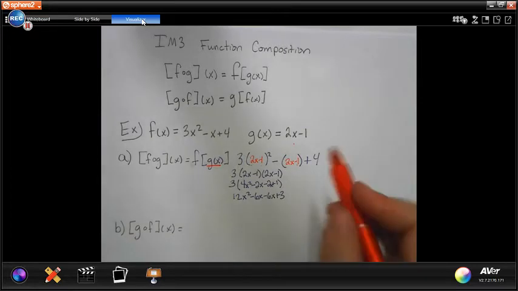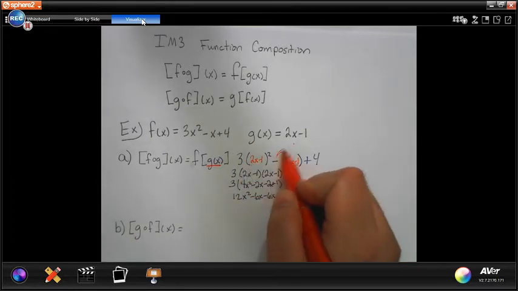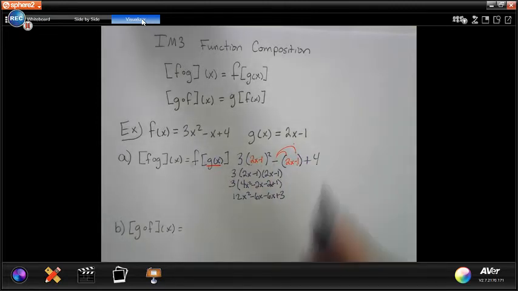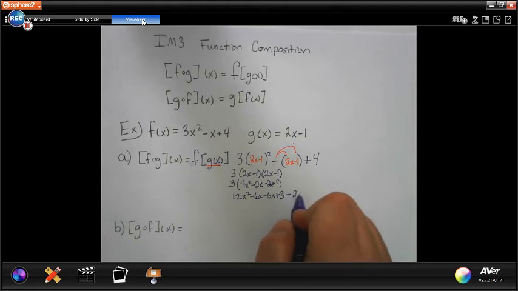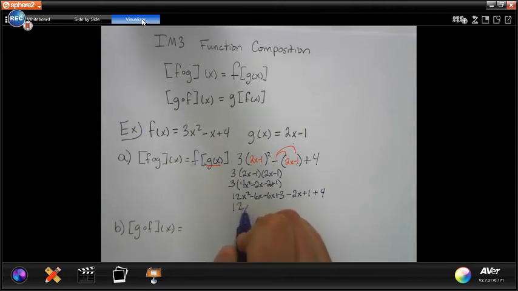Then that was just this first part. The minus gets distributed, so we get negative 2x plus 1 plus 4. And then we combine like terms. Biggest exponent first. So 12x squared has nothing to combine with. 12x squared.